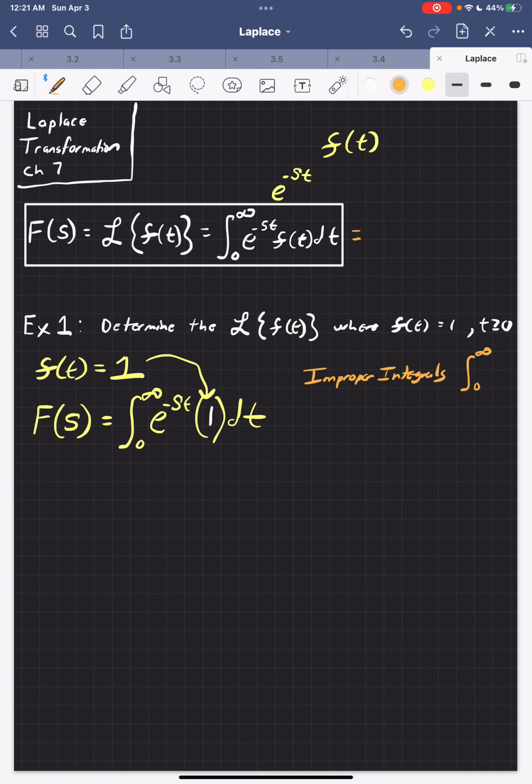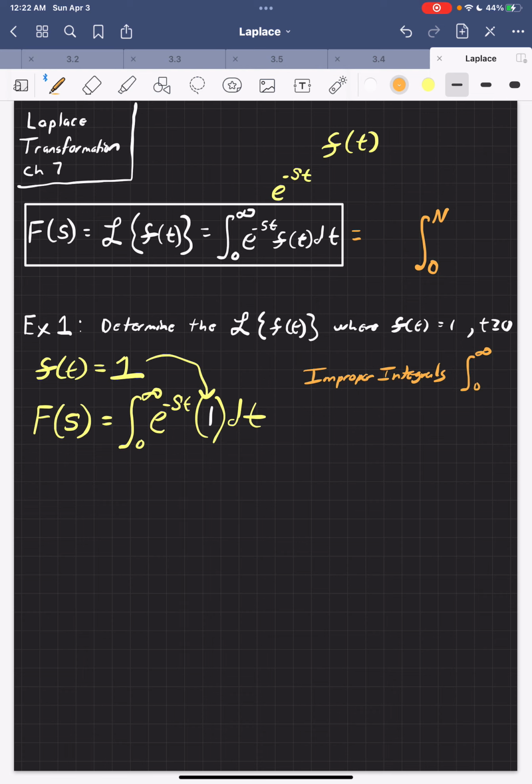So the way we're going to do it is we're going to replace that infinity symbol with some arbitrary constant. I will use the terminology of our book, which uses n. Back in Calc 2, we probably would have used b or a.